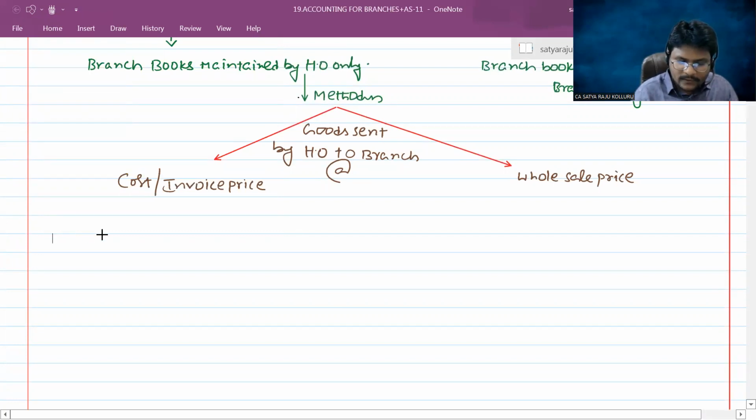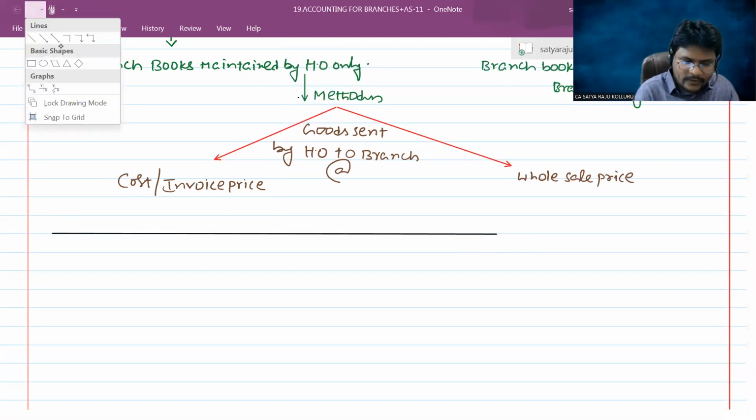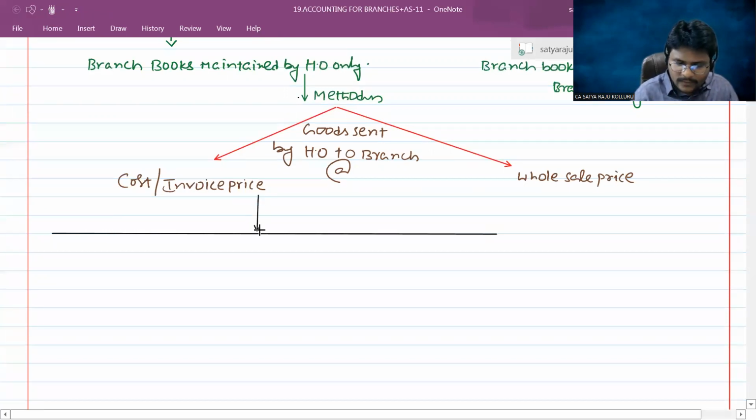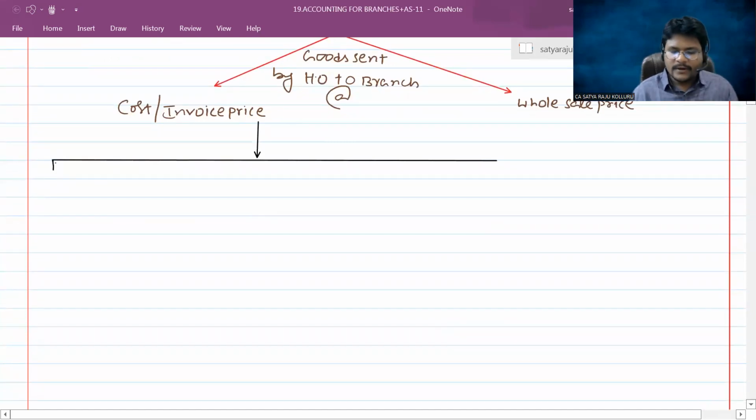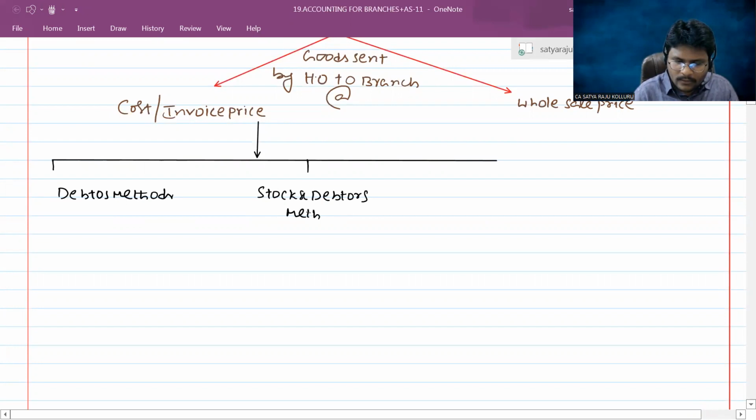Just now I discussed these three methods, meaning I told the names of such methods: debtors method, stock and debtors method, and the last one is final accounts method.